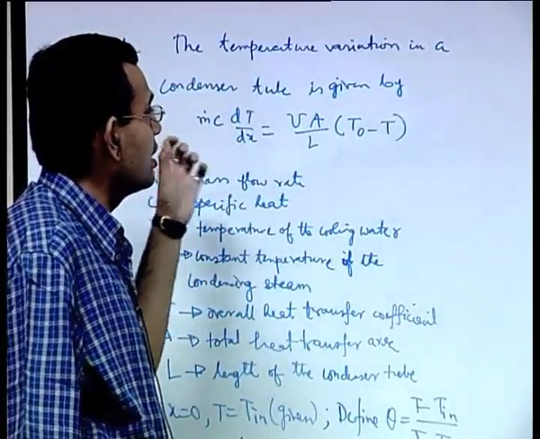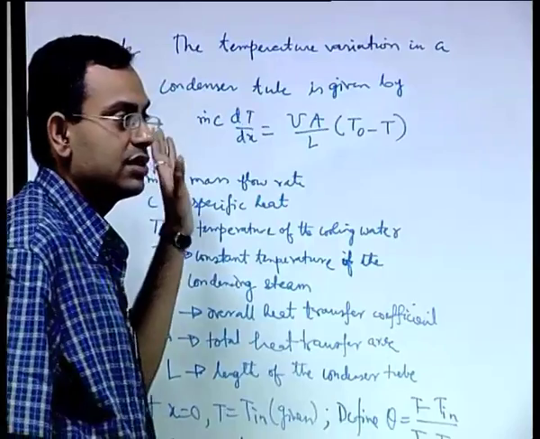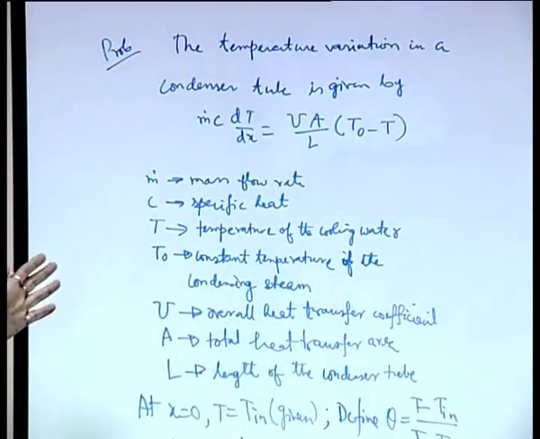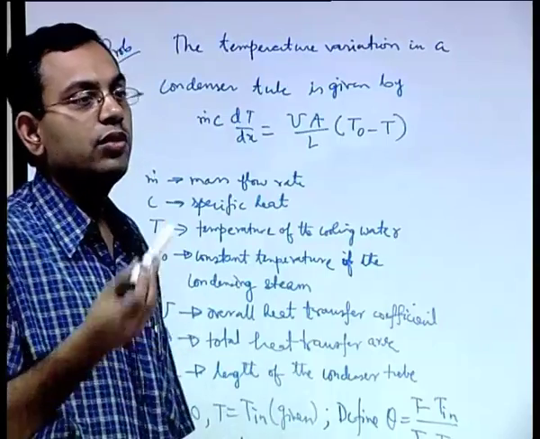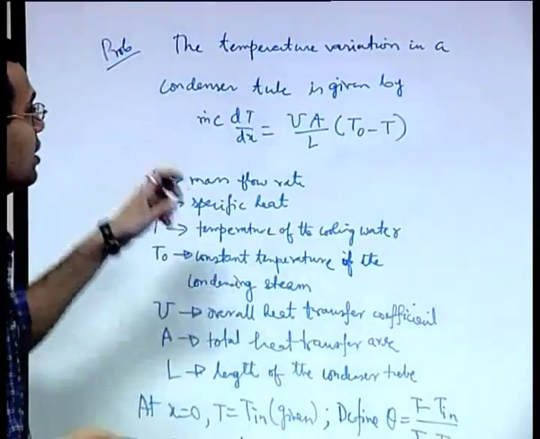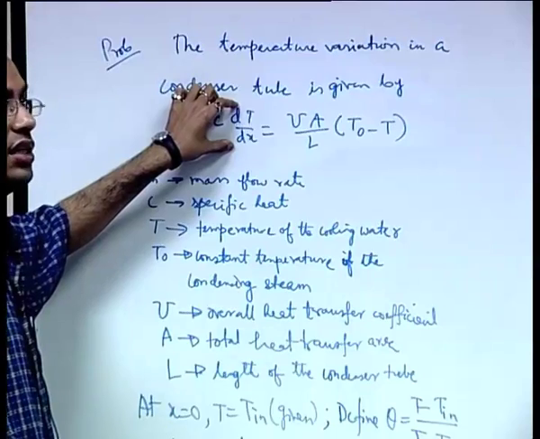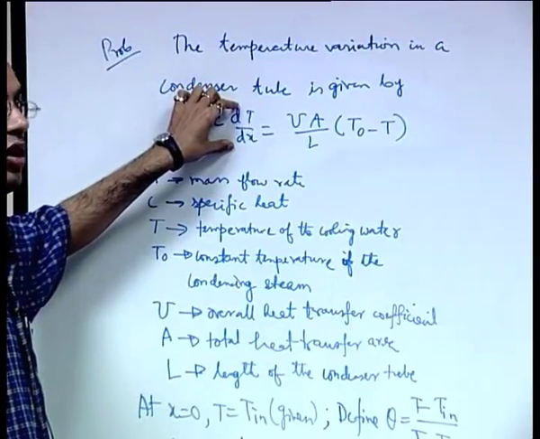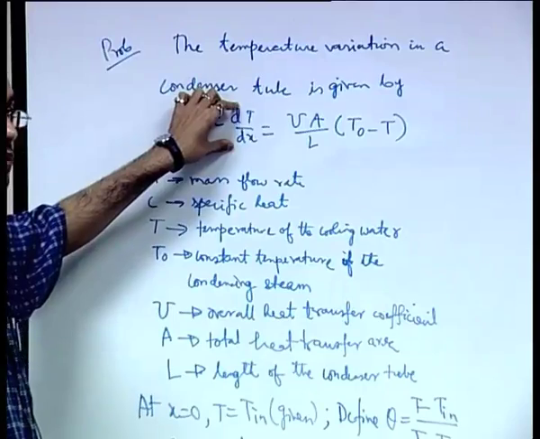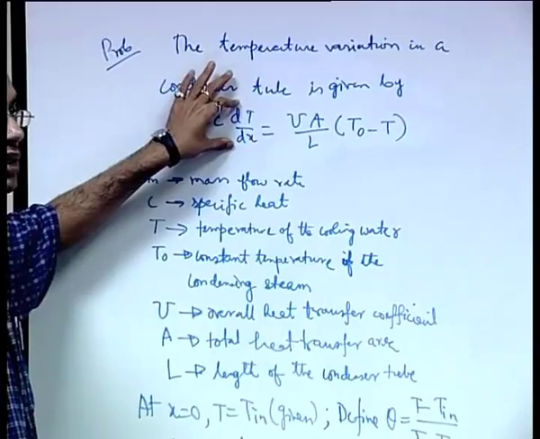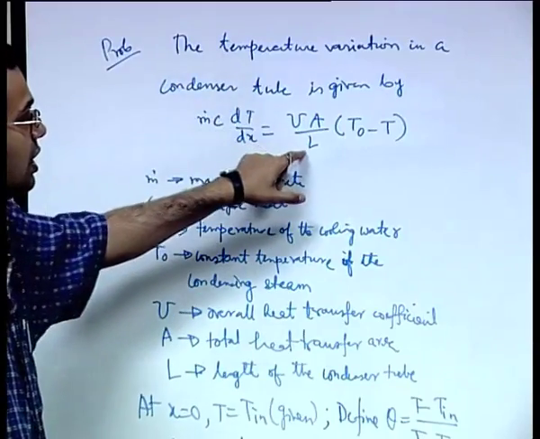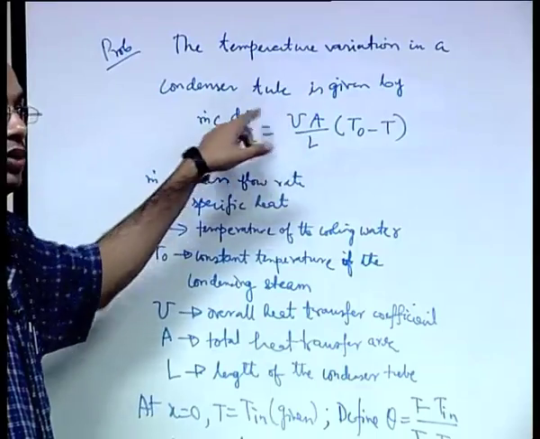So whatever it is, it is basically a heat balance. Whatever is the heat rejected from the steam to the cooling water gives rise to an axial increase in temperature of the cooling water at steady state. So this is the rate of increase of temperature of the cooling water, and this is the heat that is dumped from the steam to the cooling water.